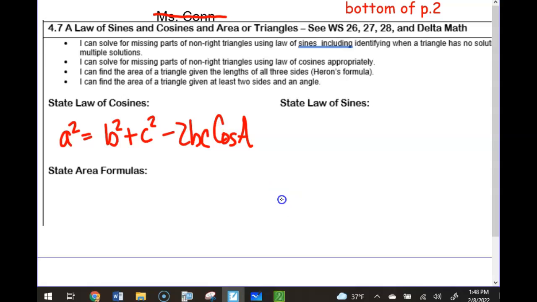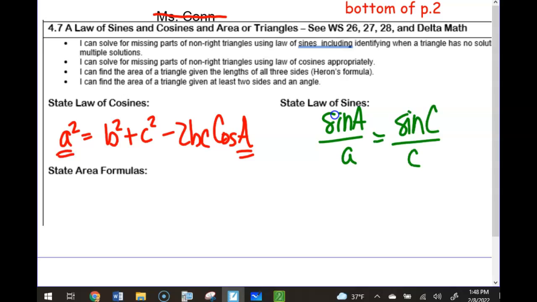Everybody okay? Could you have the different letters in different places? Yeah. Whatever you started with, though, should be what you end up with, and the other ones should be the other two. All right. Law of sines is sine of something over something equals sine of something over something, okay?